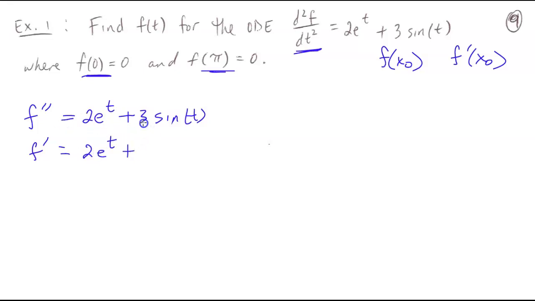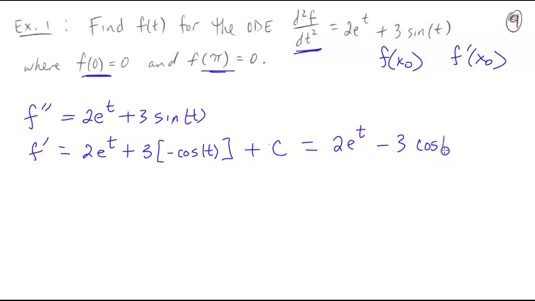The antiderivative of 3 sine t, we know that 3 is a constant, so we just ignore that, and the antiderivative of sine is minus cosine. And we'll say plus c. So this will be 2e to the t minus 3 cosine of t plus c.